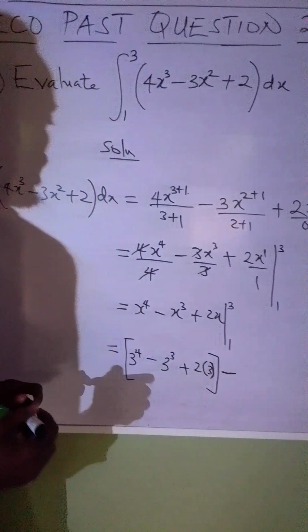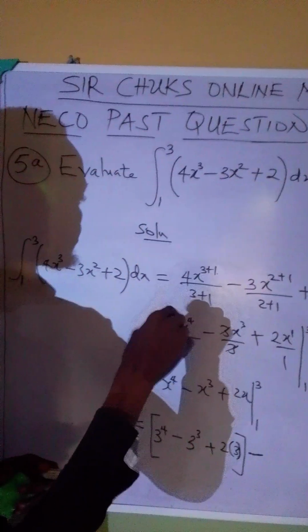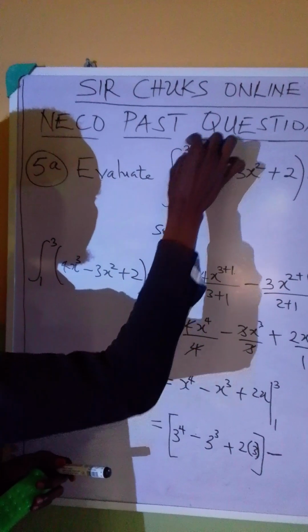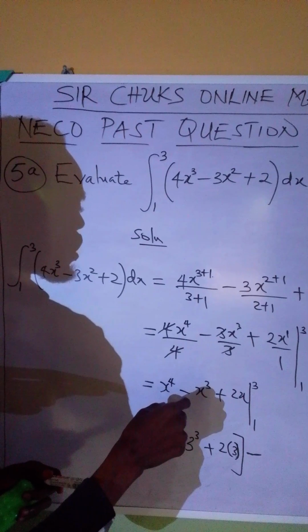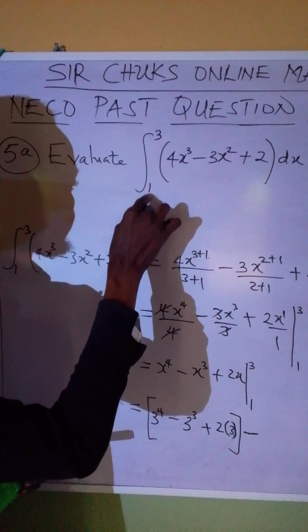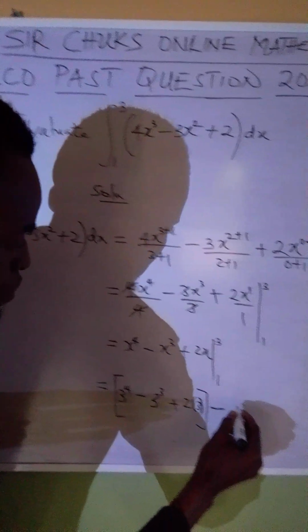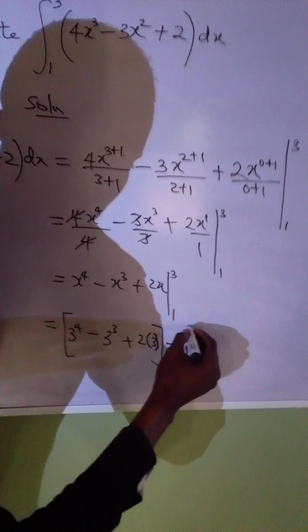Minus, now I told you earlier that after the integration I'm going to substitute the limits in the integral and then subtract the outcome of the lower limit from the outcome of the upper limit. So that's exactly what I'm doing.